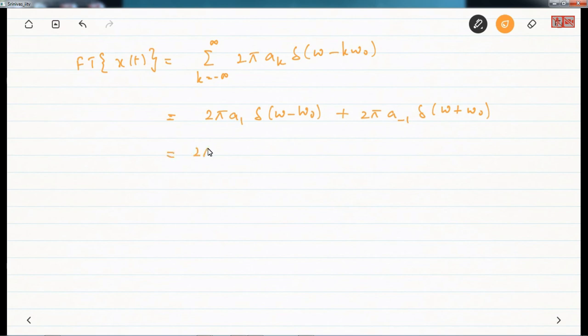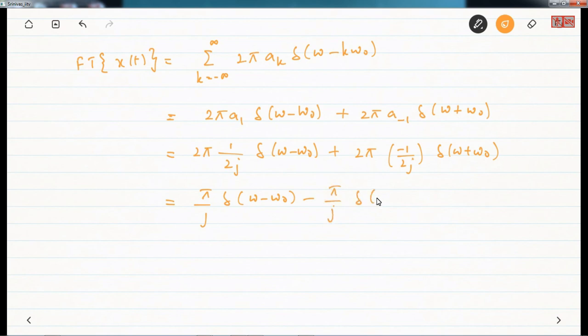So this is 2 pi times 1 by 2j delta of omega minus omega naught plus 2 pi times minus 1 by 2j delta(omega plus omega naught). So this will be pi by j, an impulse of strength pi by j, minus pi by j, another impulse of strength minus pi by j.